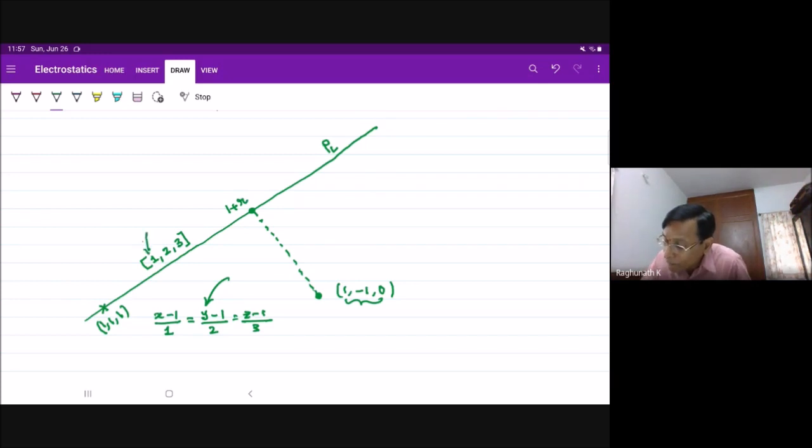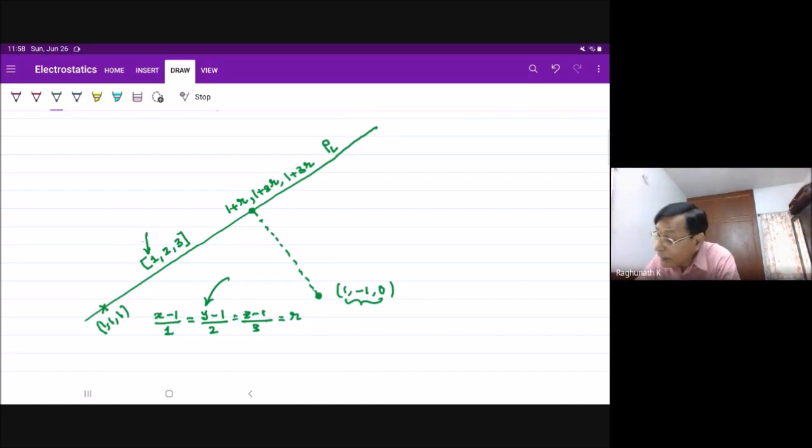A is 1. Y coordinate is 1 plus 2R. Z coordinate is 1 plus 3R. We spoke about the line equation. If a point lies on it, they should all be equal and equal to some value. Because of which the general point on the line is 1 plus R, 1 plus 2R, 1 plus 3R.